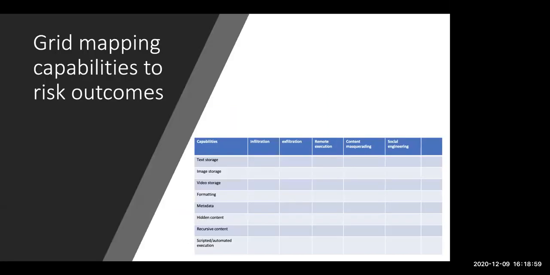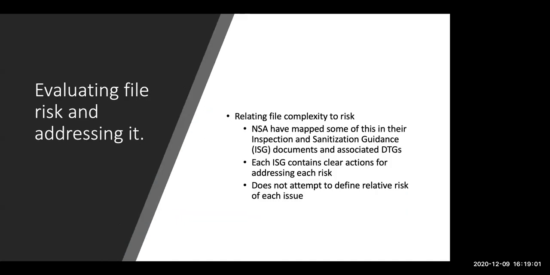Absolutely right. And in fact, if I jump on a bit, how do you evaluate and assess the risks? We've talked before about what the NSA has done with their ISG documents. The inspection and sanitization guidance basically says these are the most important elements to look at when it comes to the risk inherent in different file types. Those are supported by a simple spreadsheet called the DTG that says here's all the things you need to try and address.